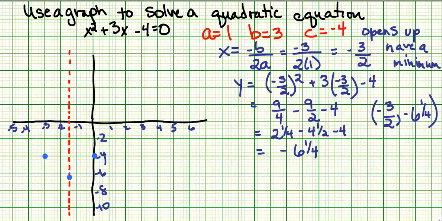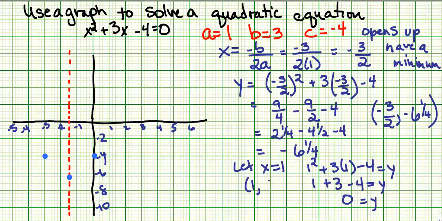So let's see, another point that's going to be easy to try is if I plug a 1 in for x. So I'm going to let x equal 1. 1 squared plus 3 times 1 minus 4 is going to give me a y value. And that's going to be 1 plus 3 minus 4. 4 minus 4 equals 0. So y equals 0 when x is 1.